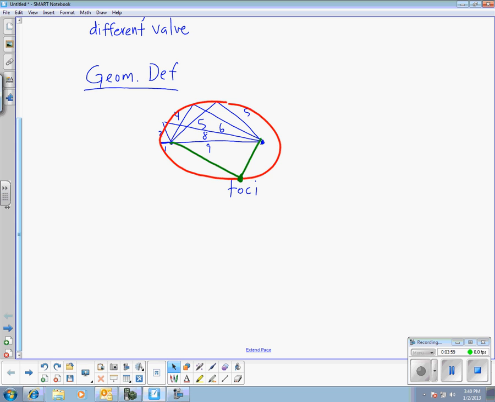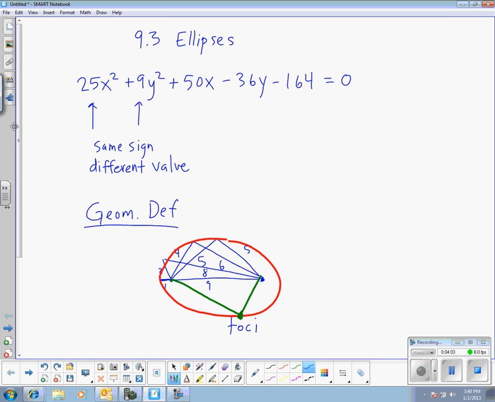Okay, so there's question 1 and question 2. Here comes question 3. If I give you this ellipse, how do you graph it? How do you get more information about it? And that's by putting it into standard form. So, what does standard form look like?